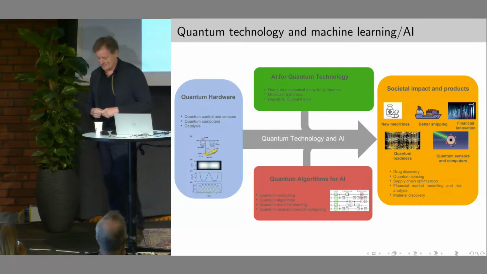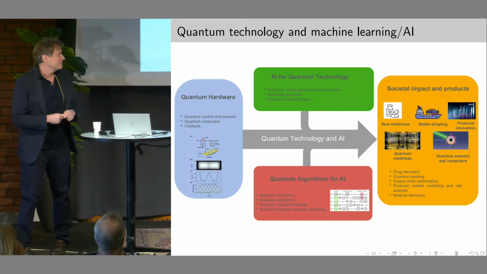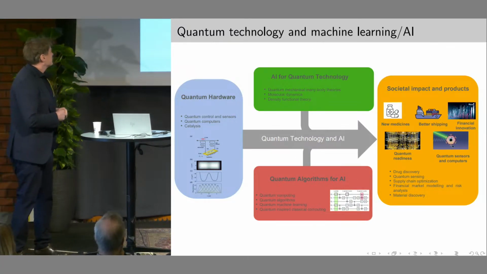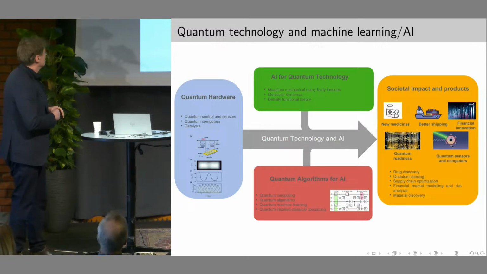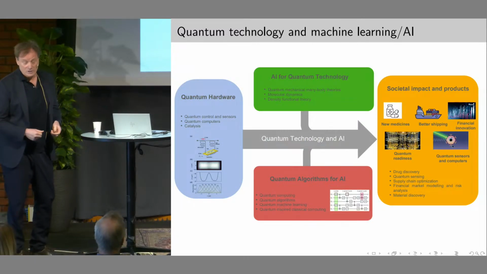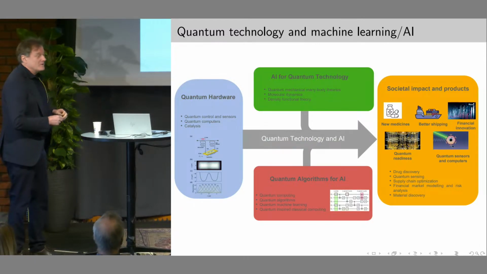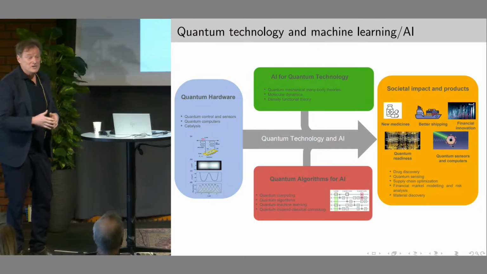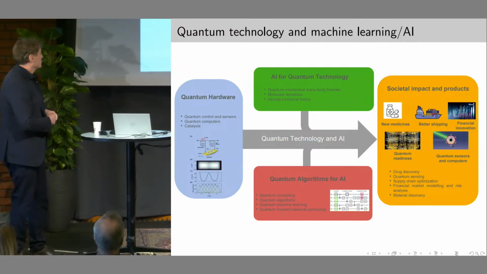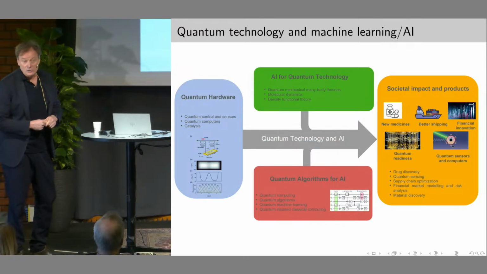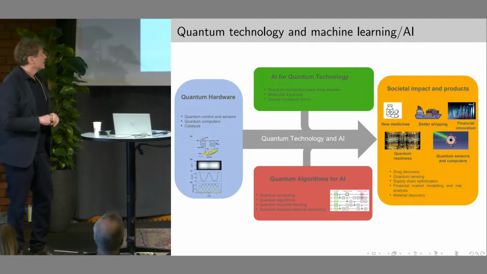Now, this slide here, if you can read it properly, and I hope you can, gives you a view of many of the things which are going on. So we have artificial intelligence, or machine learning, as I will call it, which is a more precise word, for quantum technology, where you actually use machine learning techniques to design an experiment, and that's a pretty hot topic.